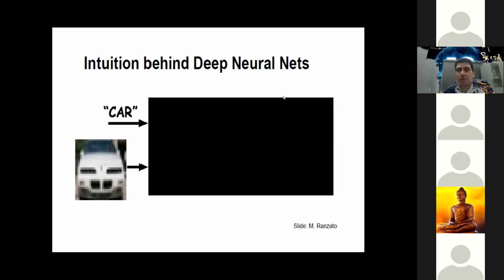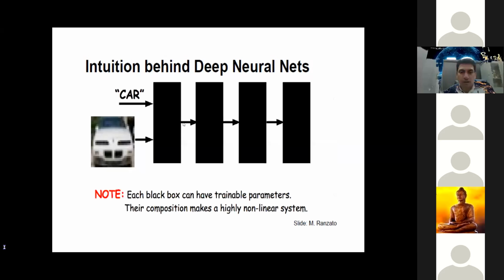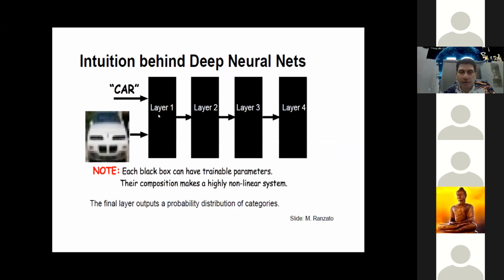So what is the intuition behind this? Why do we use a deep network? These are the blocks that we use to train and identify whether the detection of this particular image is of its kind. So there will be layer 1, layer 2, layer 3, layer 4.